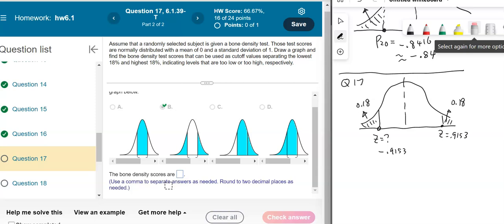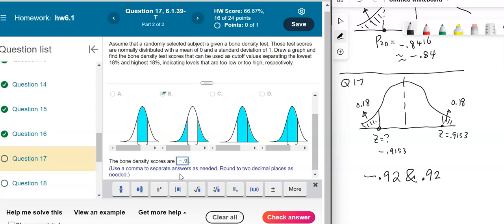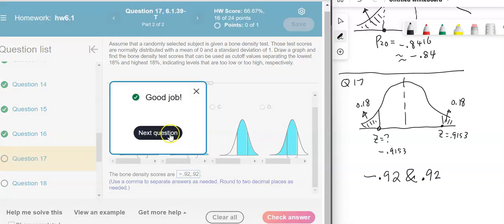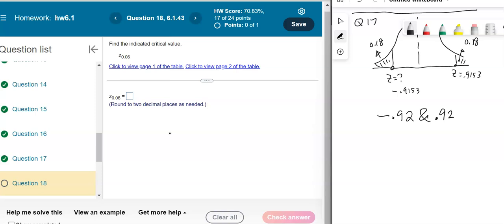So first one is negative 0.92 and positive 0.92. Let's see. Negative 0.92, comma, just a 0.92. Let's see. Okay. All right, now, question number 18.